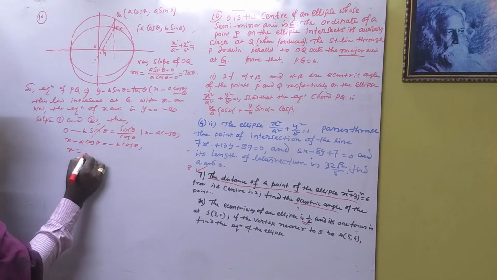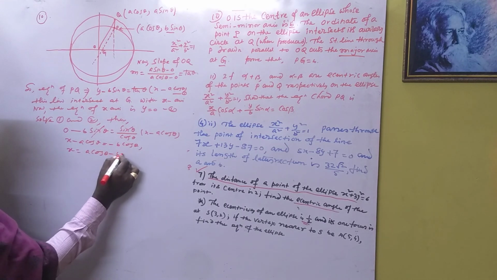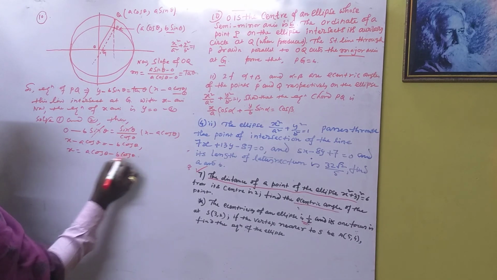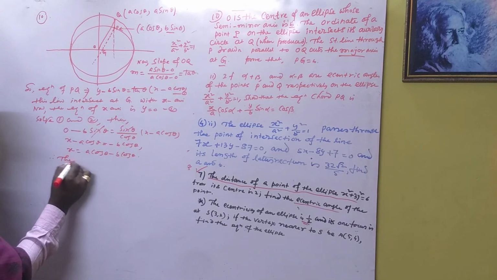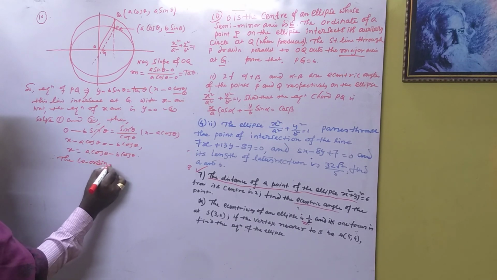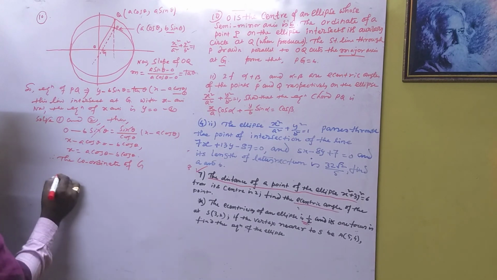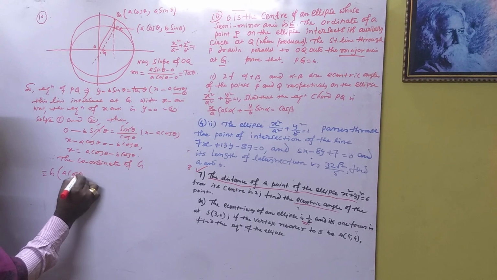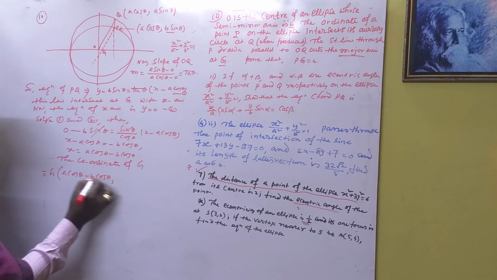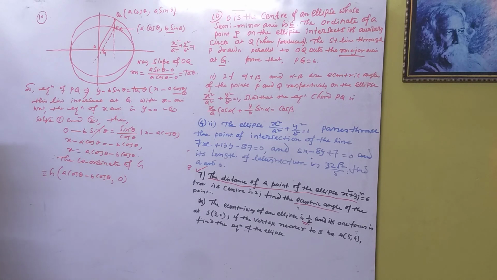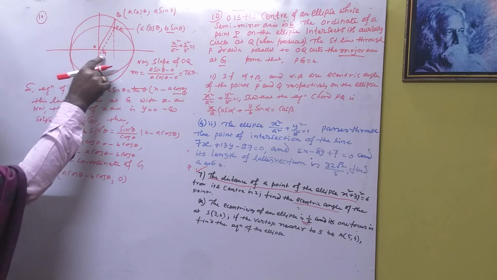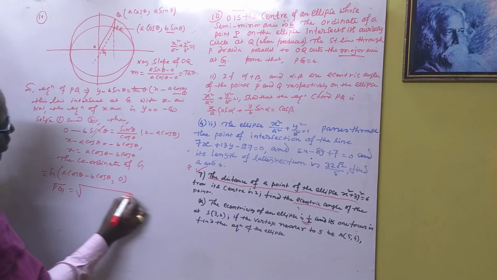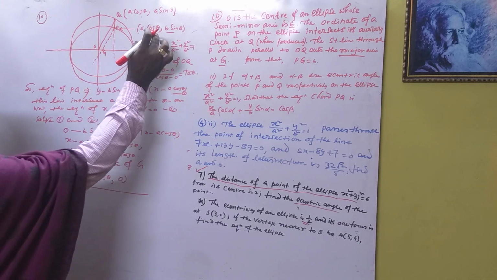So you can find the coordinate of G. Therefore the coordinate of G is (A cos theta minus B cos theta, 0), and the value of y is 0 here. Now find the distance between P and G. So PG is equal to the distance from these to P. This is here P.